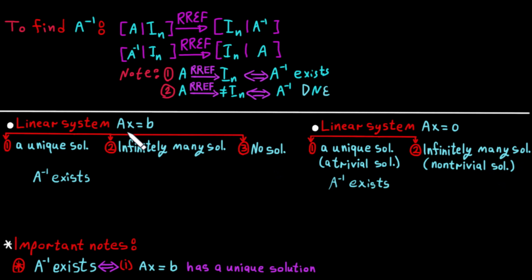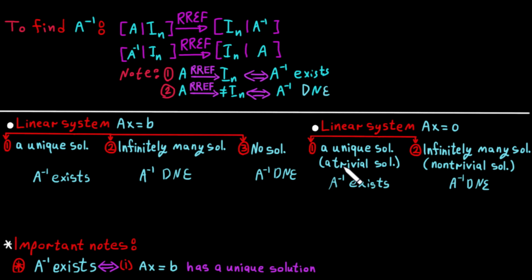If you have Ax equal to B, you have 3 possible solutions, but if you have Ax equal to 0, you have only 2 possible solutions. So for infinitely many solutions, A inverse does not exist. The same here: A inverse does not exist.